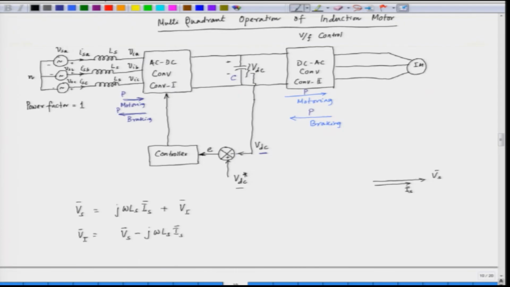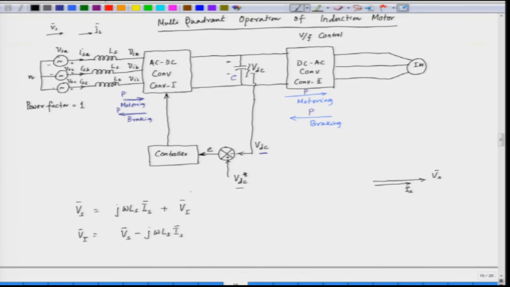The input current and the input voltage are in phase. So, this is our current Is per phase, and we have the voltage Vs here. They should be in phase.